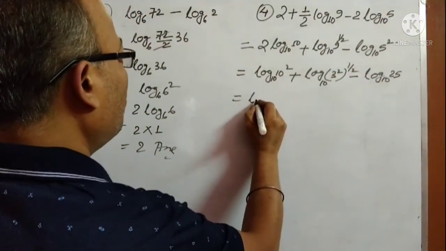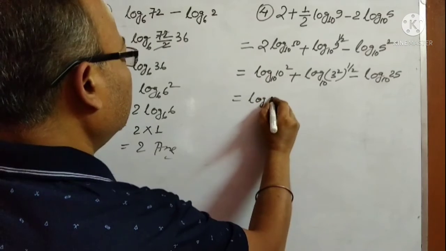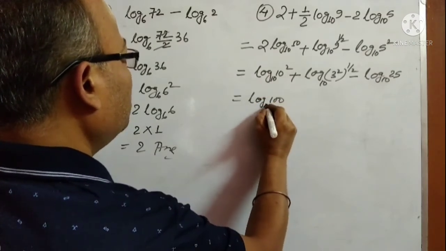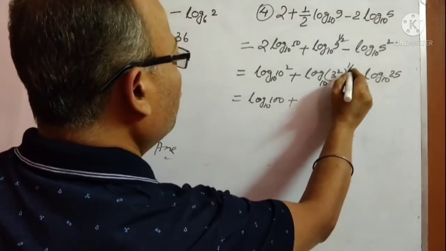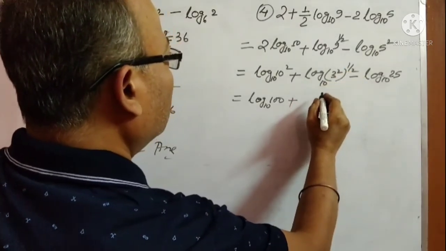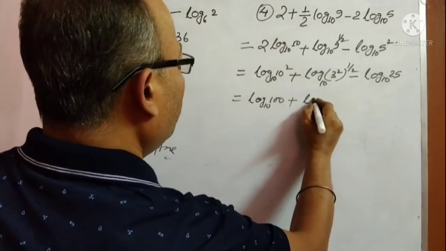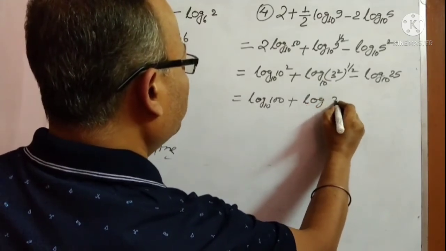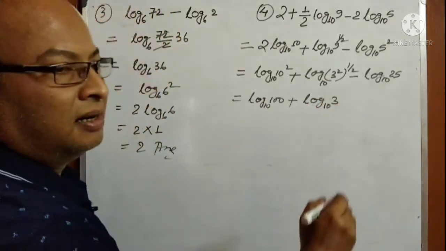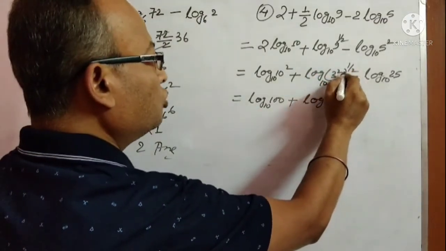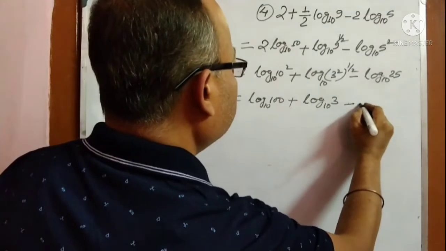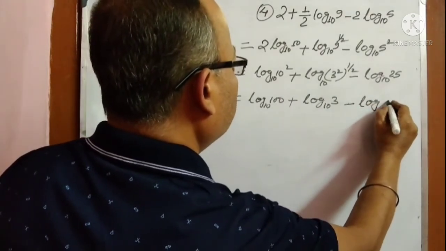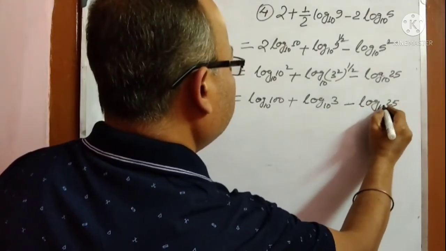So this will become what? Log 100 to the base 10 plus, this 2 will get cancelled. So it will be log 3 to the base 10. Is it clear? Now 2 into half, so the 2 will get cancelled. So this is 3 minus log 25 to the base 10.